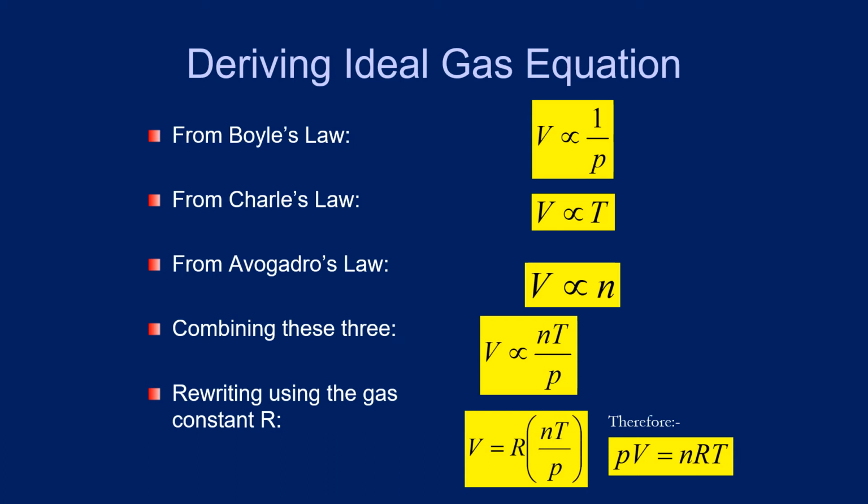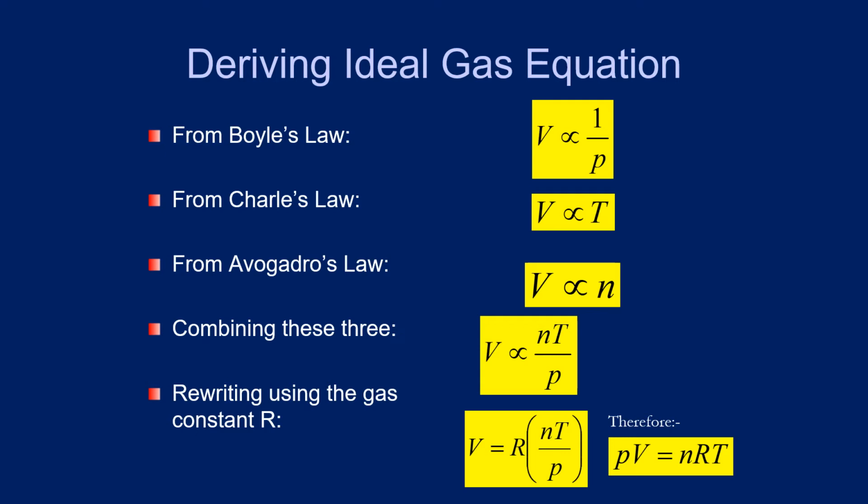Getting to the ideal gas law equation, from what you can see on the slide here, we've put down Boyle's law, Charles' law, and Avogadro's law, and we combine these three laws together and introduce a constant, because there's a constant of proportionality. If we want to turn that into a formula, we get the ideal gas law equation, which is PV equals nRT.